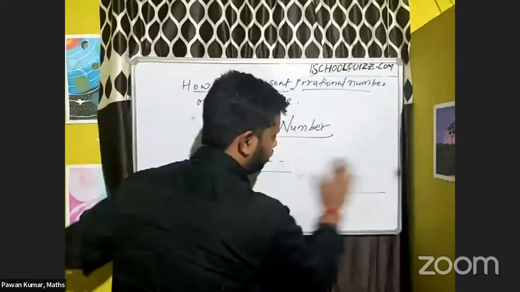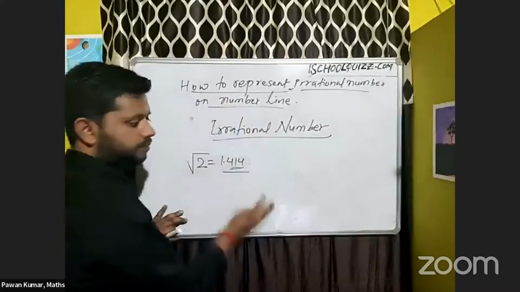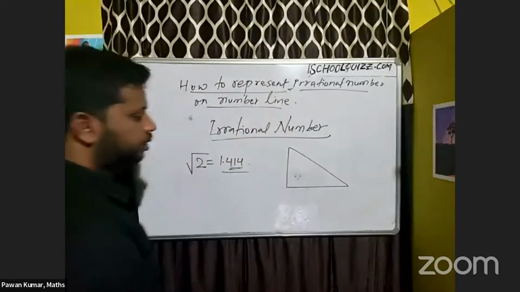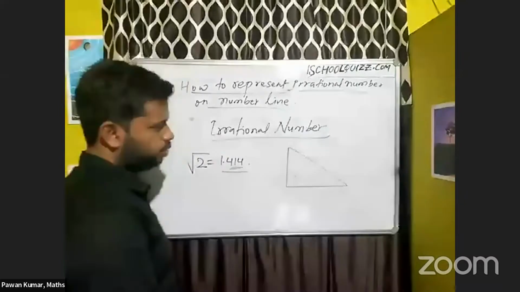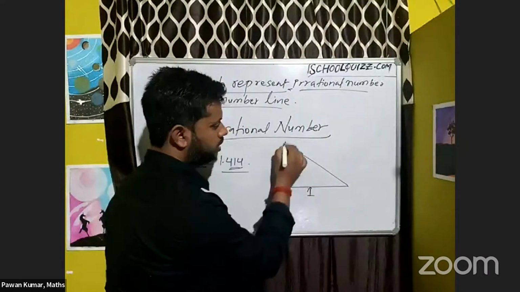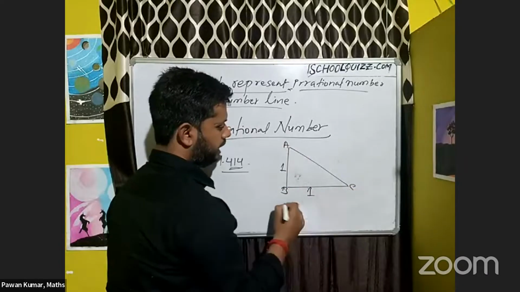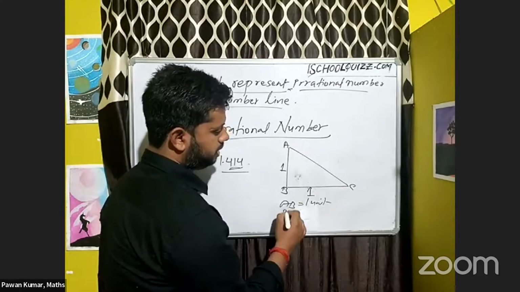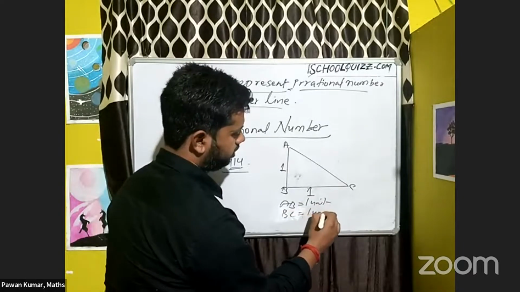So we will move to another way to represent it on the number line, and that is nothing but the Pythagoras theorem. Do you know the Pythagoras theorem, everyone? Yes, yeah. So how will the Pythagoras theorem work? Suppose I want to find the root 2 distance, so I make this 1 and this 1. AB equals 1 unit, and BC equals 1 unit.